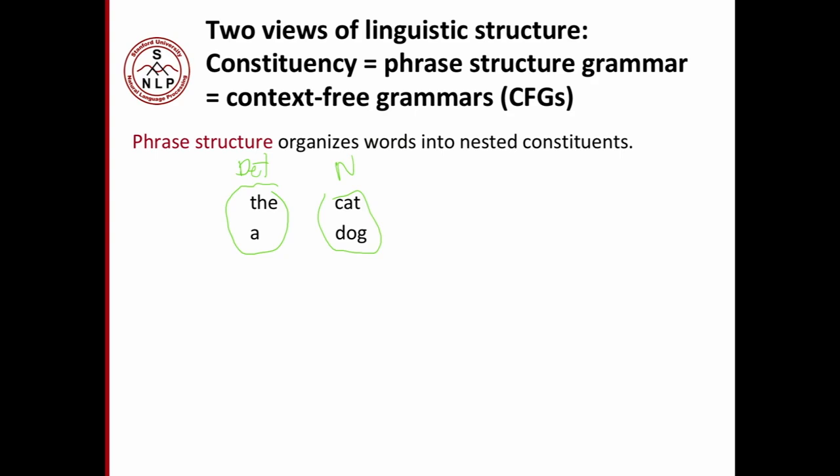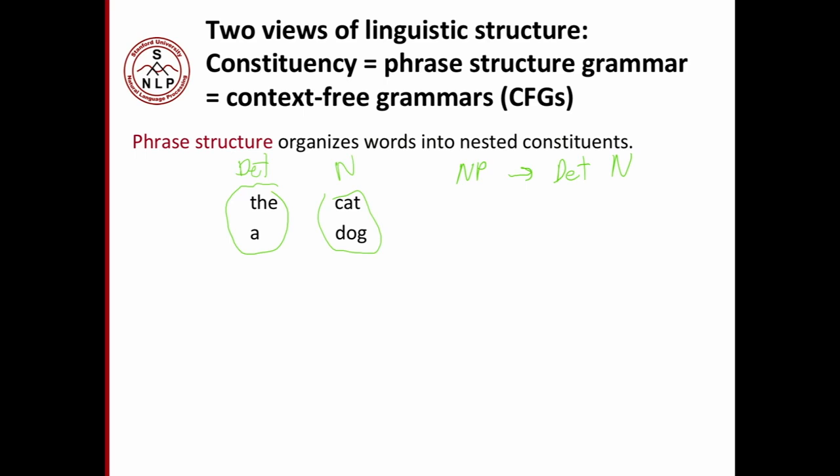And so to capture this pattern, it seems like we can make this unit that I see all over the place in language, which is made of a determiner followed by a noun. And so I'd write a phrase structure grammar rule, i.e. a context-free grammar rule, saying I can have a noun phrase that goes to a determiner and a noun.